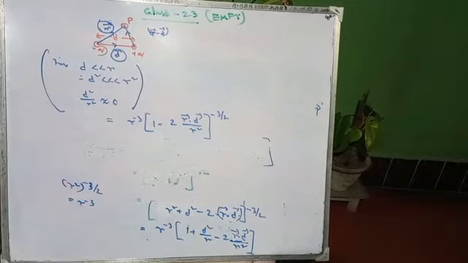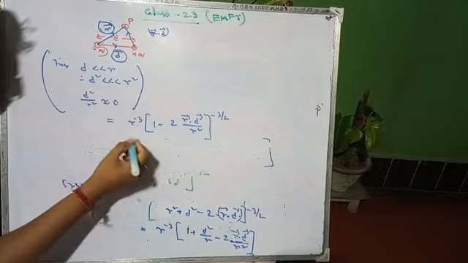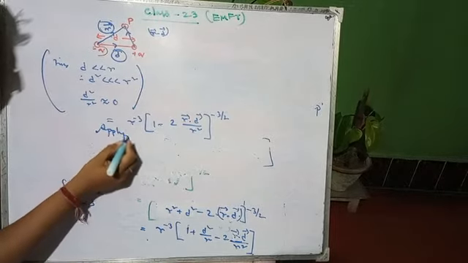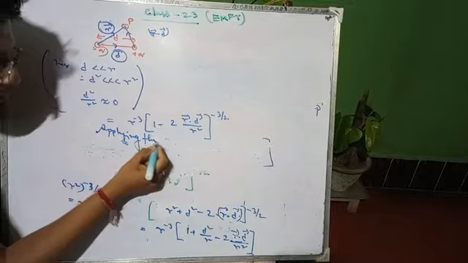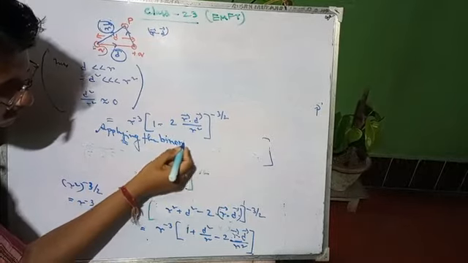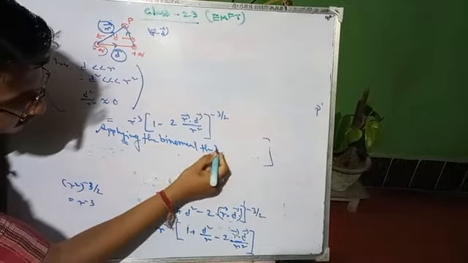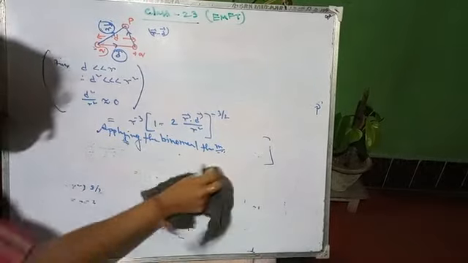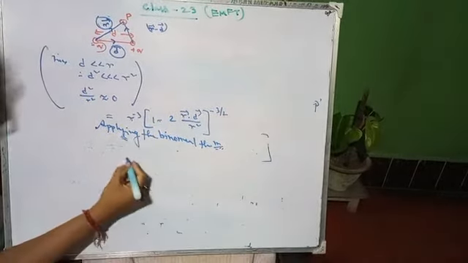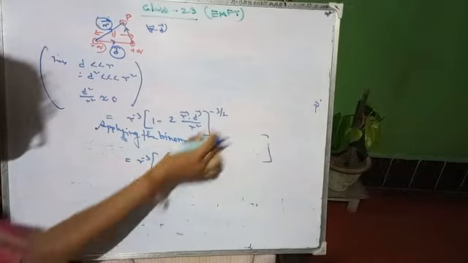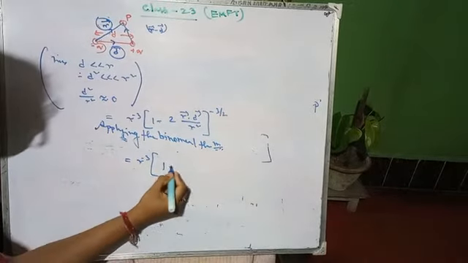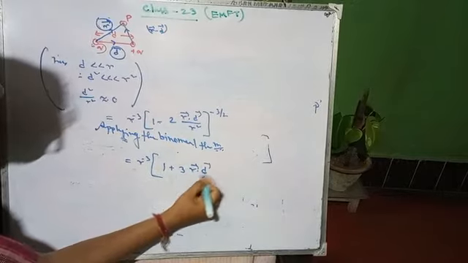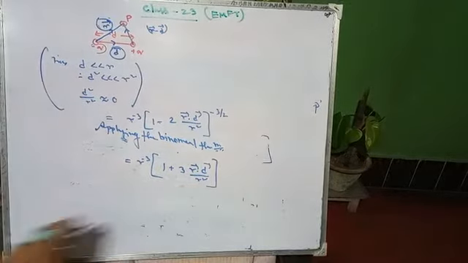Okay, so now you have to apply the binomial theorem. By applying the binomial theorem, this term equals r to the power minus 3, and this minus 3 by 2 coming over here, so 1 plus 3 r vector dot d vector by r square, right?